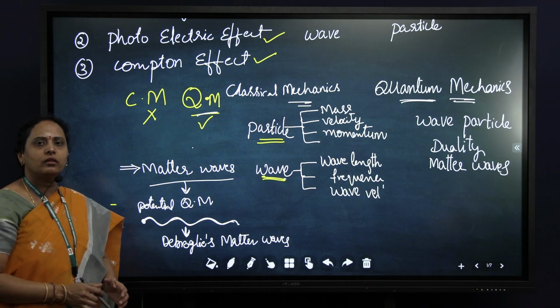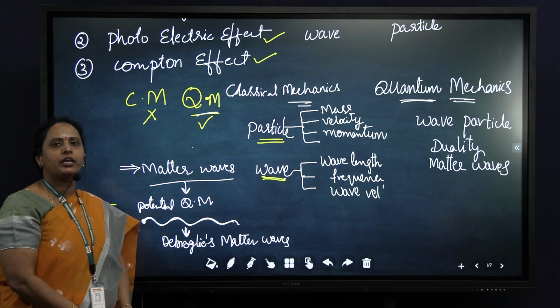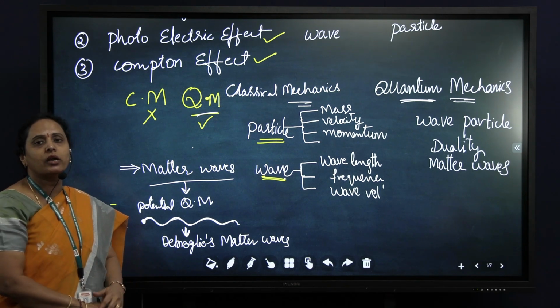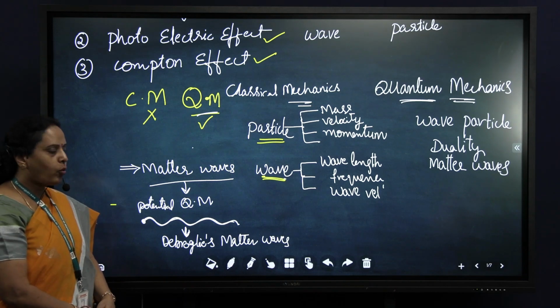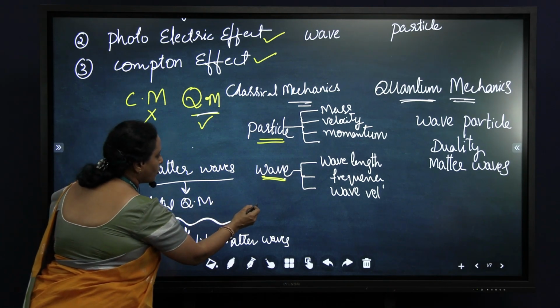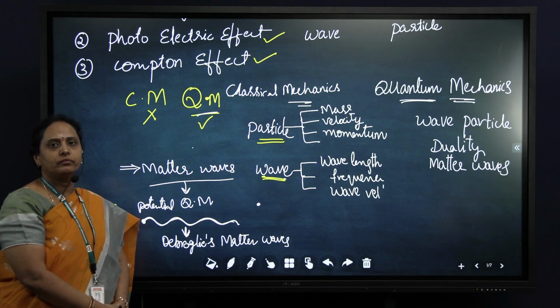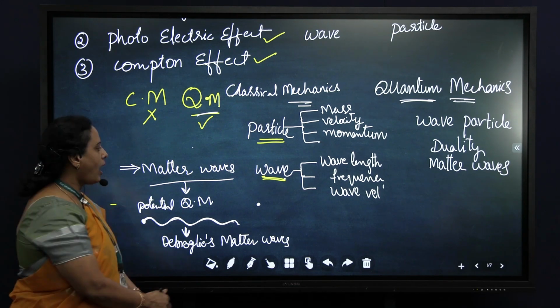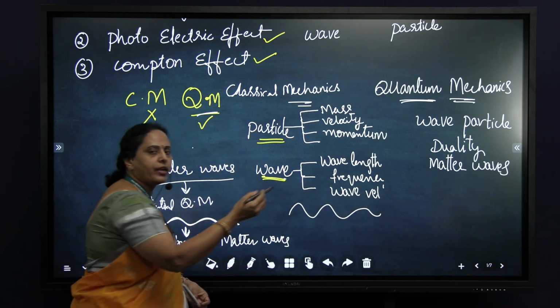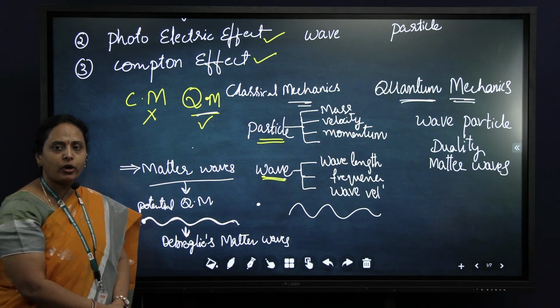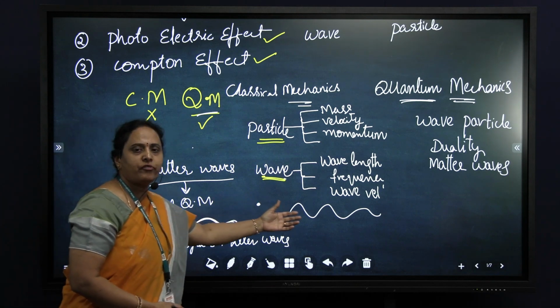When a particle is associated with a wave, an ambiguity also arises. What is that ambiguity? When there is only a particle, I can find out exactly where the particle is at a given point of time. If it is a wave, I cannot say where it is at a given point of time, because it is not a physical quantity.